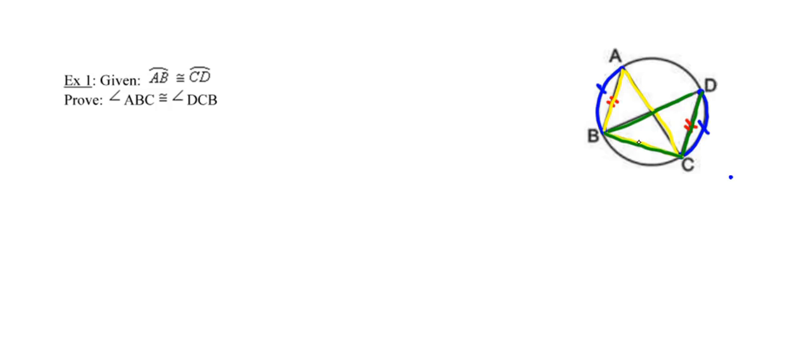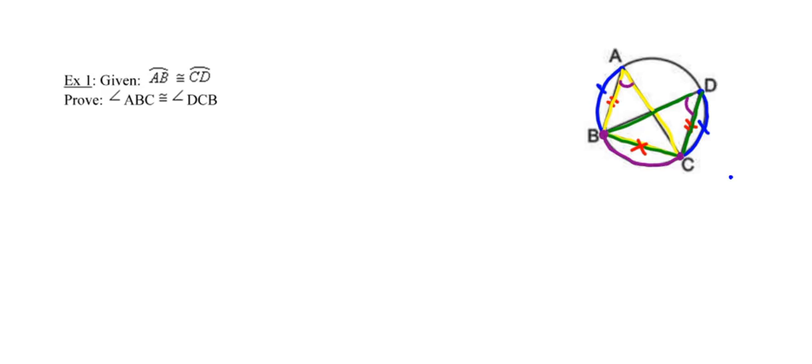I know that segment BC is shared in both of those, so that gives me a pair of shared sides by the reflexive property. And looking at the picture, looking at angle A and angle D, I notice that both of those intercept arc BC, so they must be congruent to one another.